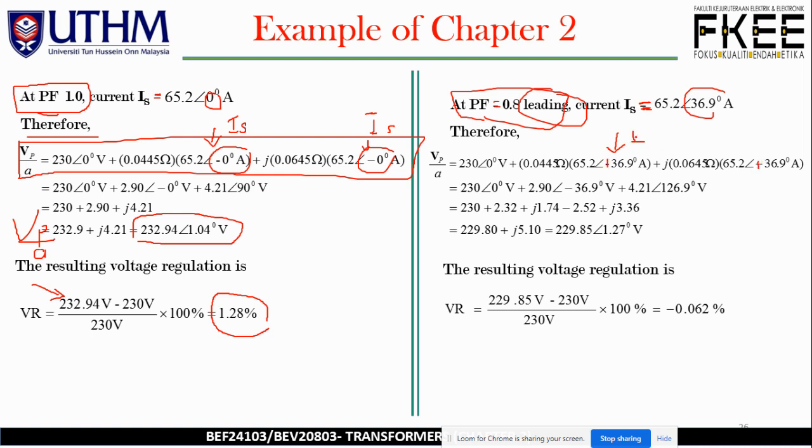This is the value of Is, with the positive value of angle. Giving Vp over a equal to 229.85 at 1.27 volt. This is smaller than the Vs full load, which gives us the negative value of VR.